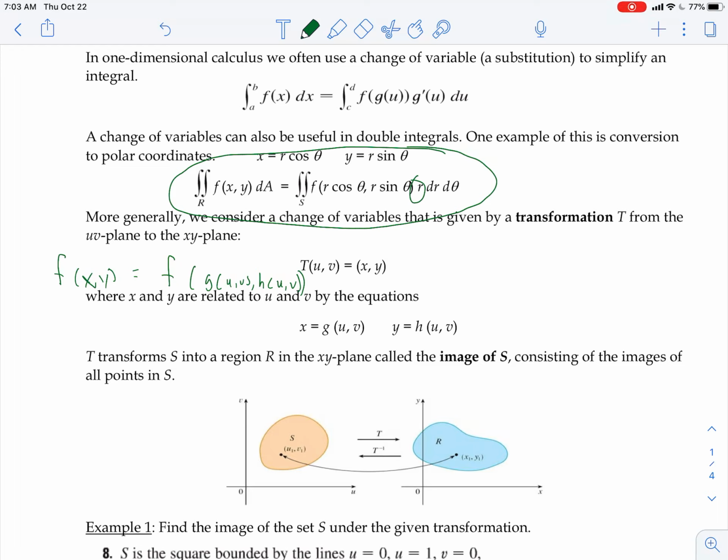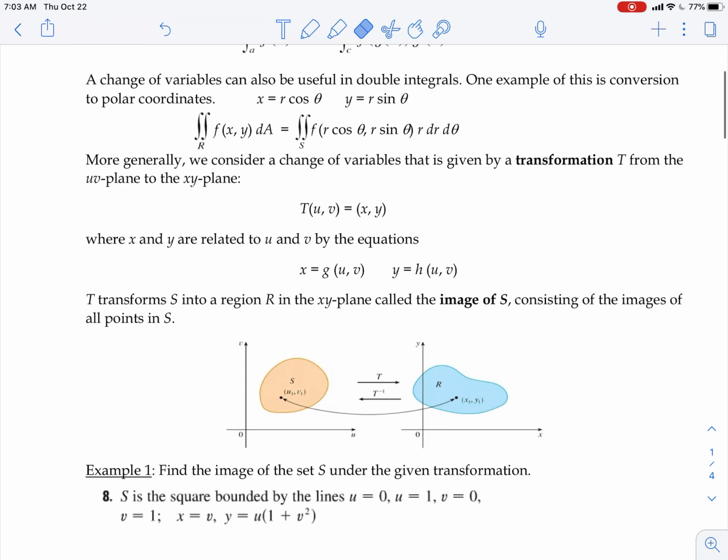The uv region is going to be easier to use. So instead of u substitution, we're going to do uv substitution for double integrals. That's mainly for rectangular. If we change an ellipse to a circle, then of course we would use r and theta.